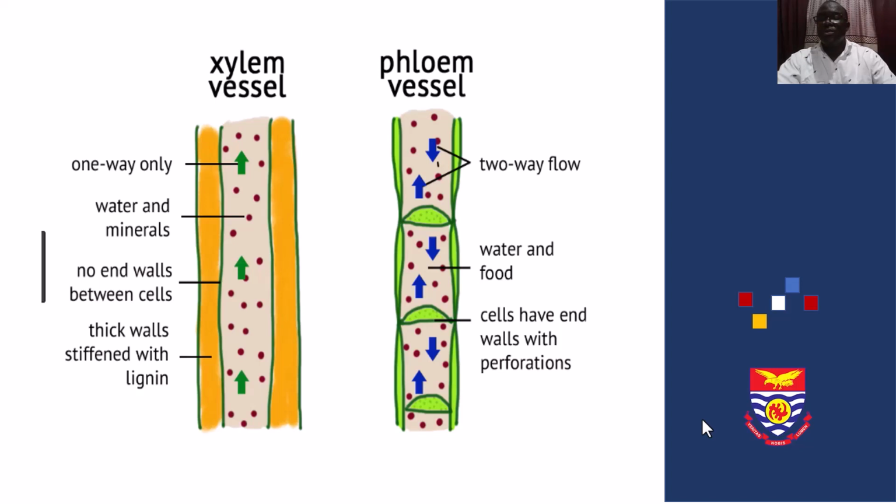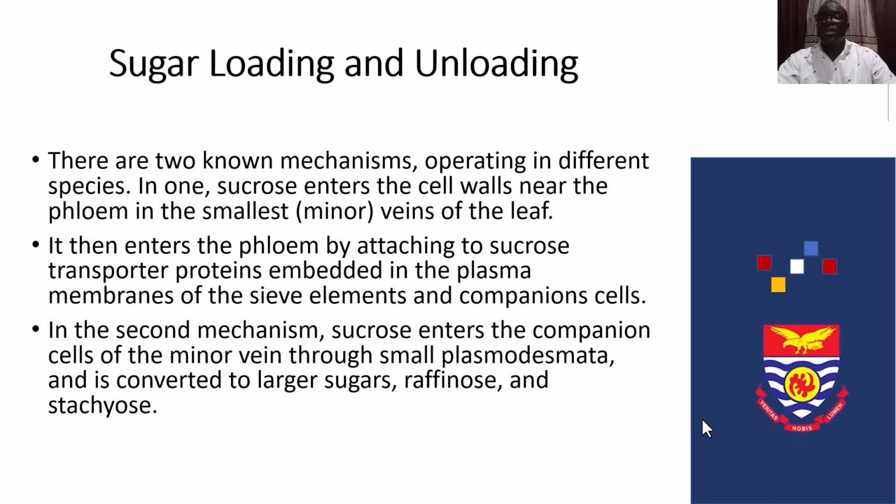You have thick walls with different lengths. So it moves in only one direction. But in the phloem, you have two-way flow. Whilst one is moving up, another is moving down. Water and food particles are displaced, and cells have end walls with perforations, but that doesn't occur in the xylem vessel.